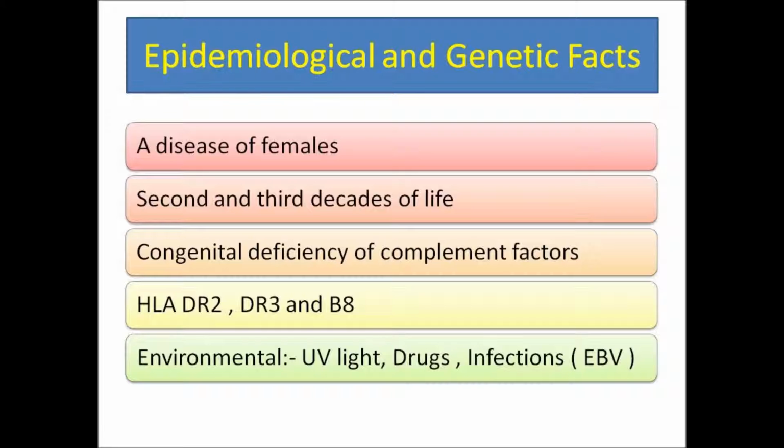Also, there are some environmental factors that may trigger the onset of SLE, including UV light, drugs (we will talk about drug-induced lupus later), and infections, specifically infection with Epstein-Barr virus.